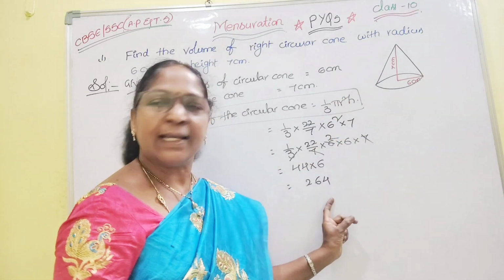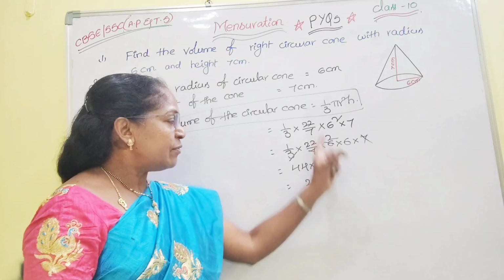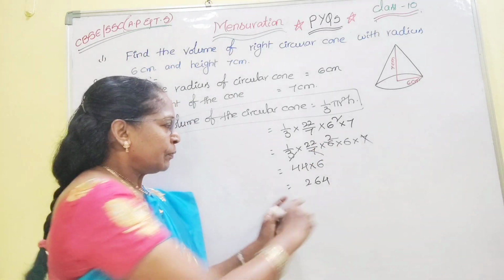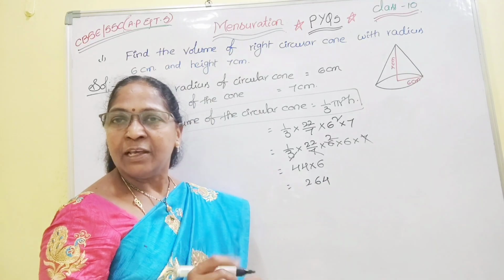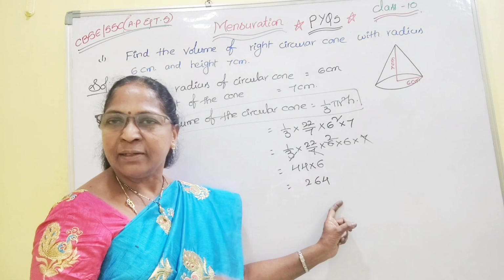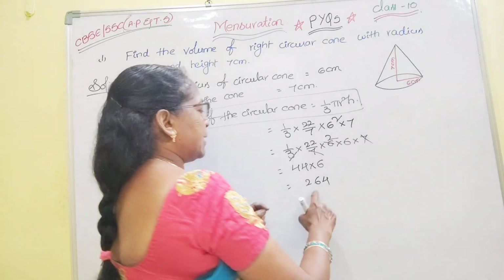Simply they leave it like this. See, 264. If you write it like this and leave it, you will definitely lose marks. That is not the right way. You have to mention the units with 264.